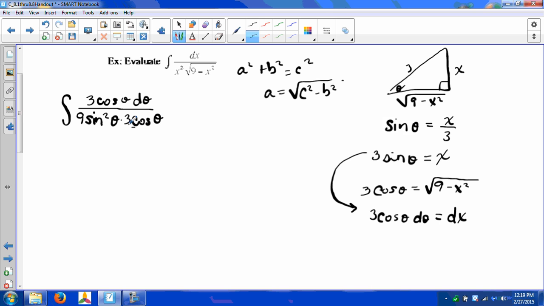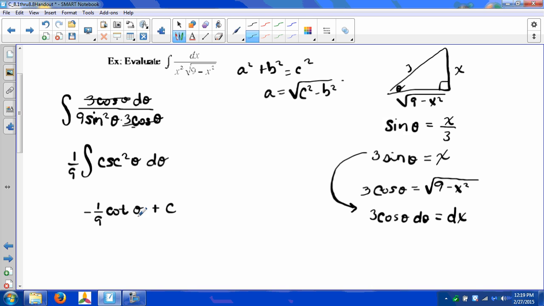Well, those cancel, so that's nice. Then I get 1/9, and 1 over sine squared is cosecant squared theta d theta. And then that is negative cotangent of theta plus c.